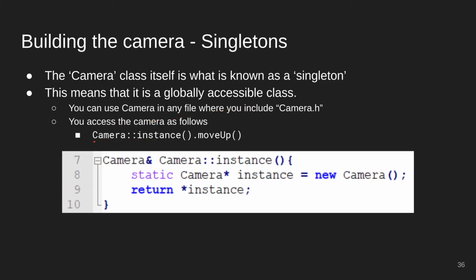And you're going to use your camera by doing camera, the scope operator, and then you can call a function on your camera. You'll read a little bit more about how this is possible with static in your lab, but then you just call a function like move up, and it will move your scene up or down once you've implemented everything.